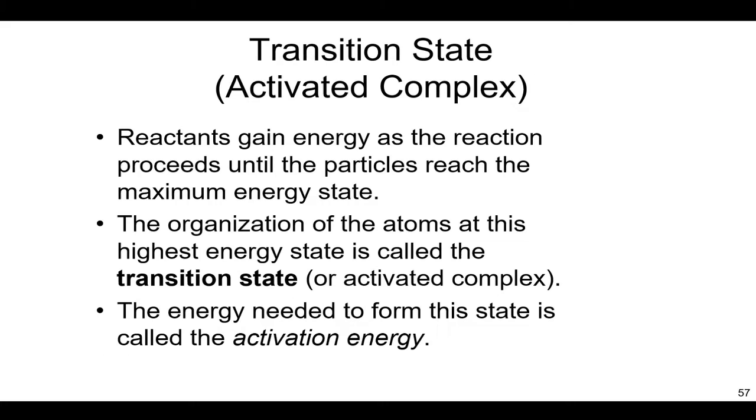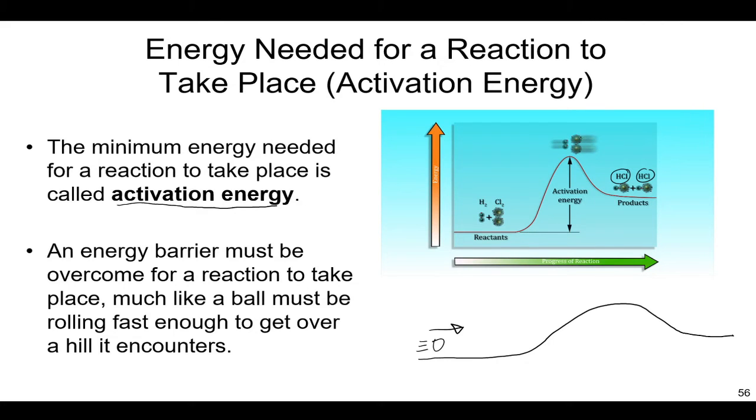The activated complex is this pinnacle corresponding to the activation energy. Right here at the top, we'll call this the activated complex. That is the maximum energy on this diagram.